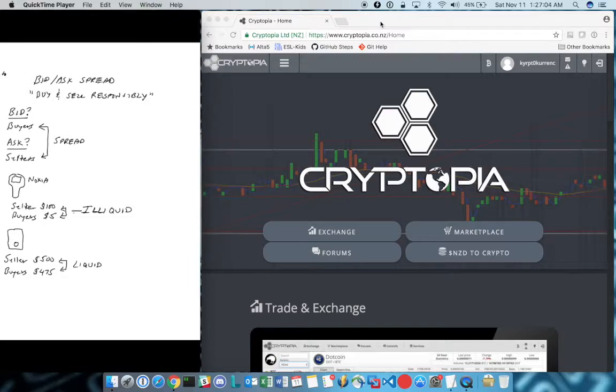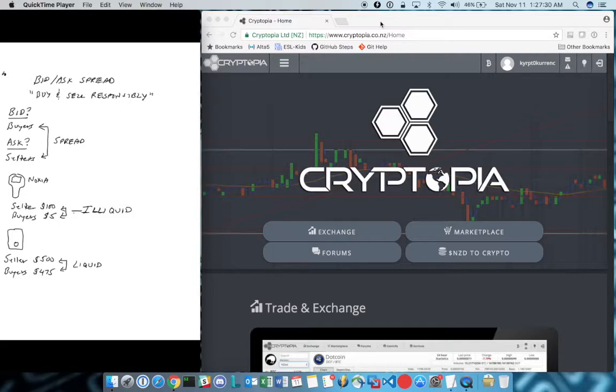If a seller wants $100 for that phone and buyers are only offering $5, the seller's probably not going to come down to 50, and the buyer's probably not going to go up to 50. So that product most likely will not exchange hands and therefore be considered illiquid. In our example of the iPhone, you've got a $25 bid-ask spread.